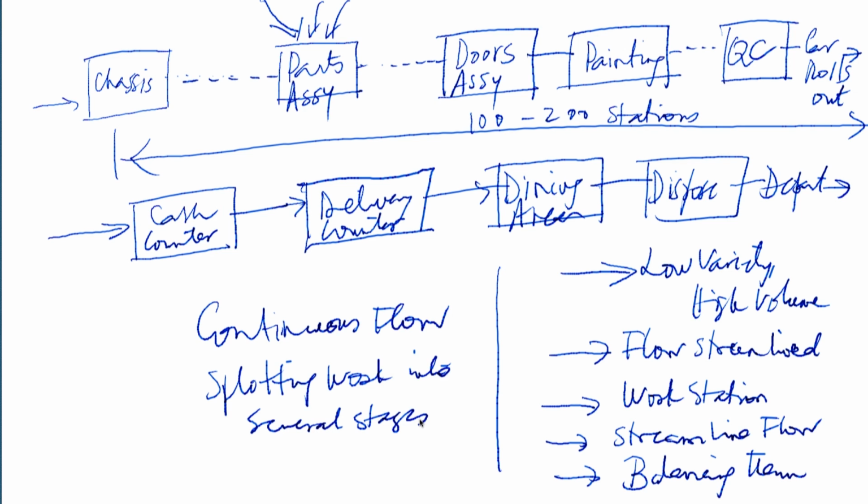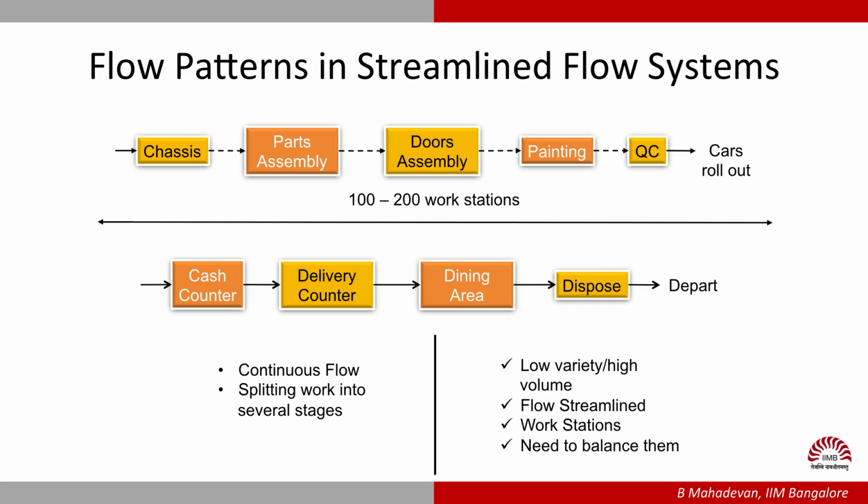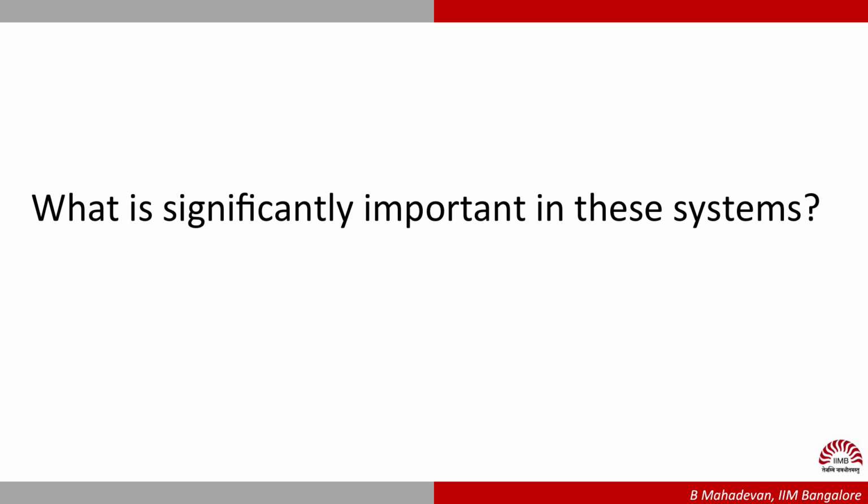These are the features that we will always see in a continuous flow system. Therefore, the question in front of us is, what is significantly important in such systems?